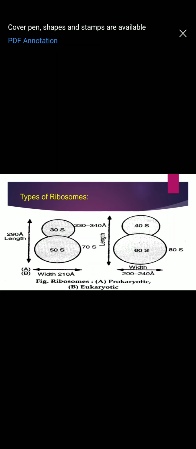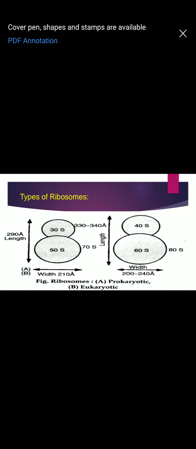If we talk about the types of ribosomes, as per the size and sedimentation coefficient S, ribosomes are classified into two broad categories: 70S and 80S ribosomes.